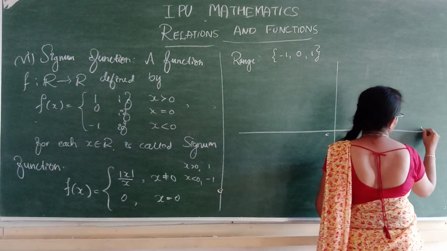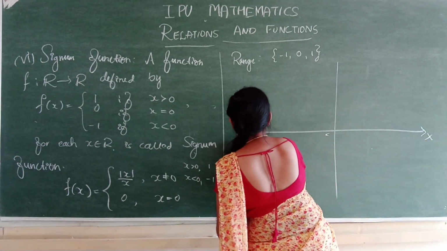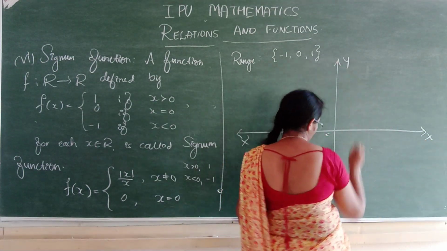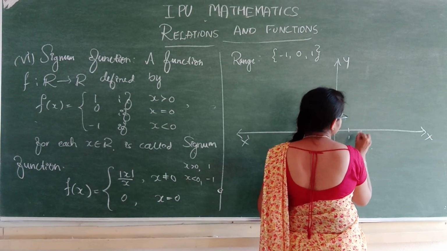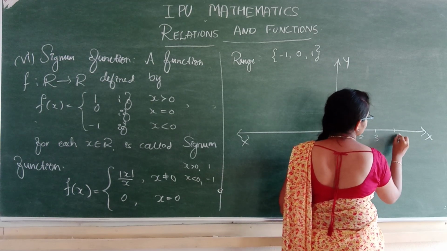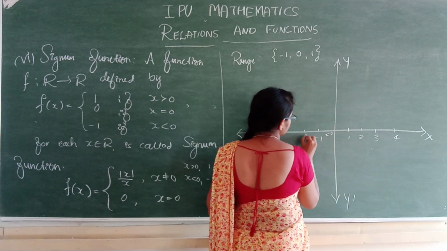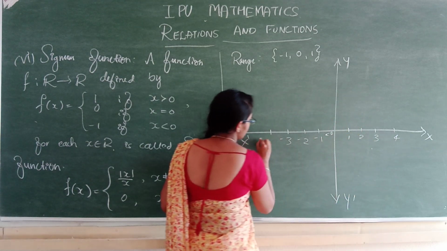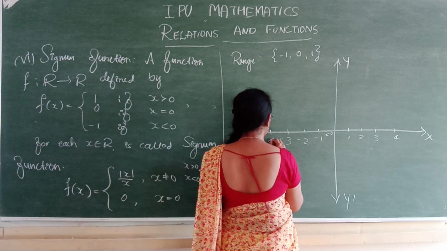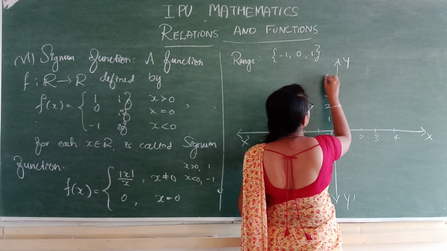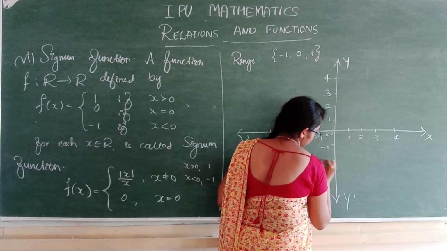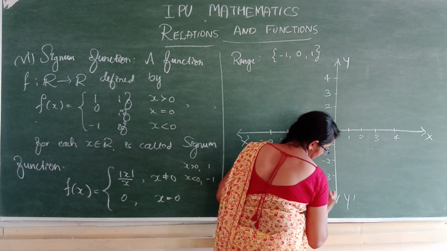Y-axis, x-axis, x dash, y dash, 0, 1, 2, 3, 4, minus 1, minus 2, minus 3 and minus 4. Here 1, 2, 3 and 4, here minus 1, minus 2, minus 3 and minus 4.